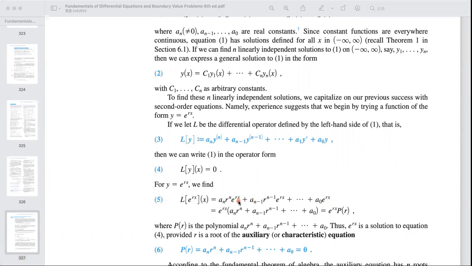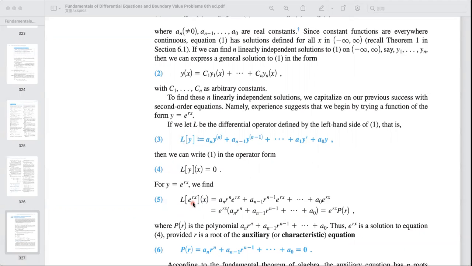Since all the terms have a common factor e to the rx, we can move it outside the expression, and it becomes e^(rx) times, in the parentheses, a polynomial of r: a_n r^n plus a_{n-1} r^(n-1) plus ... plus a0. We can call this polynomial P(r).